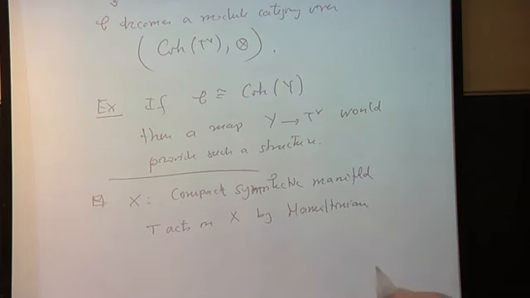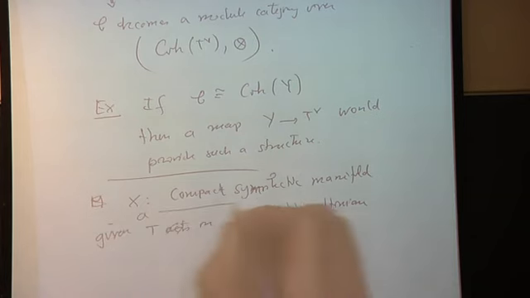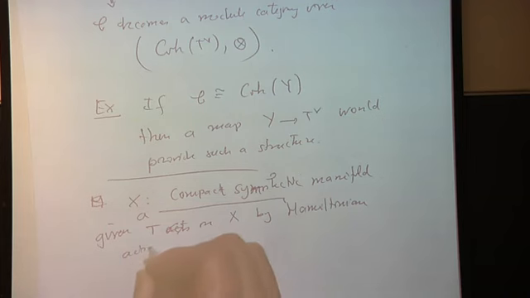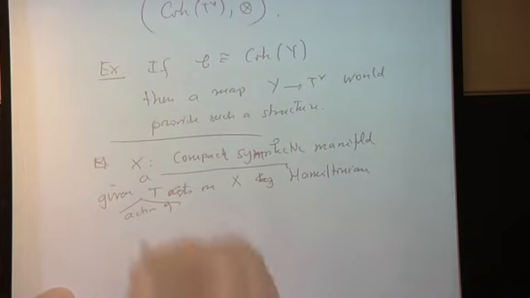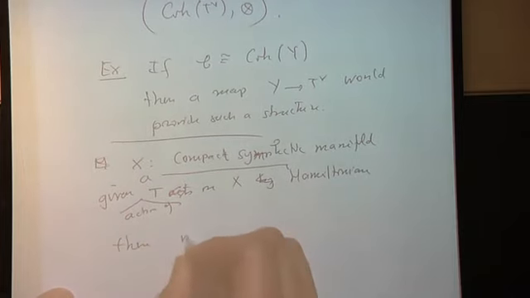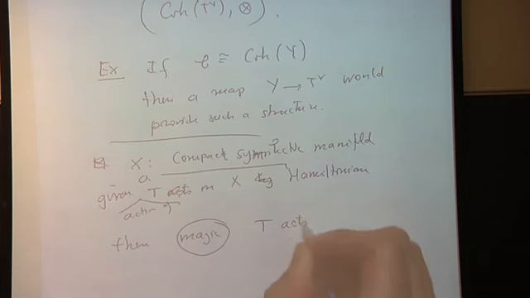It's a Hamiltonian action. I always say it badly. Given a Hamiltonian action of T on X. Then some magic happens. I won't even try to explain. T acts locally trivially on the Fukaya category.